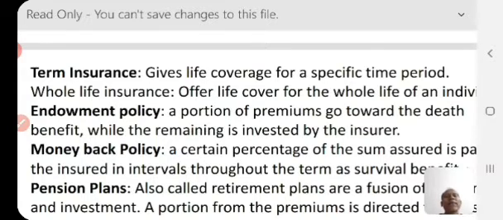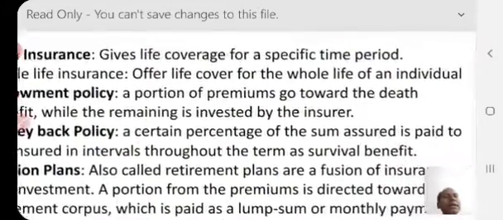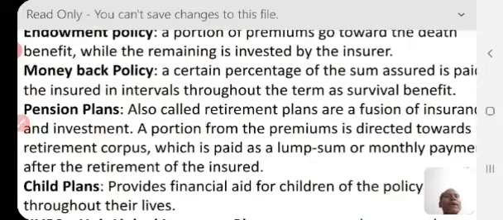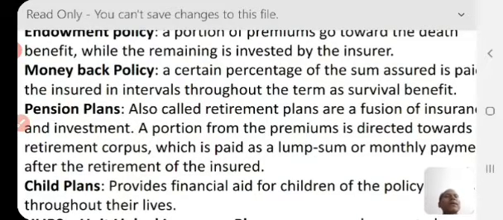Next, money back policy. The name itself shows that money is paid back on the policy in intervals. A certain percentage of the sum assured is paid to the policyholder in intervals throughout the term as survival benefit.